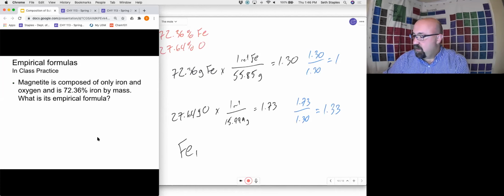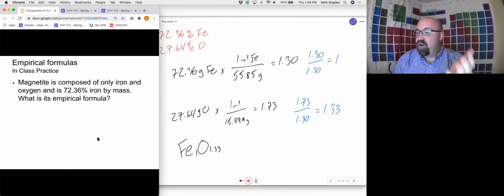So we get Fe1O1.33. We know that empirical formulas or molecular formulas have to consist of whole numbers for their subscripts. We can't have these decimal points. And so when you come to a situation like this, what you want to do is scale up by the appropriate scale factor to get you to whole numbers for each one.